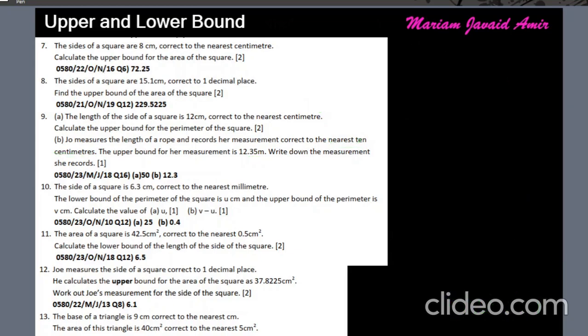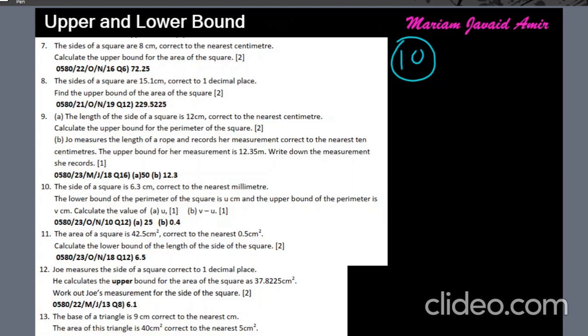Question 10. The side of a square is 6.3 centimeters, correct to the nearest millimeter.